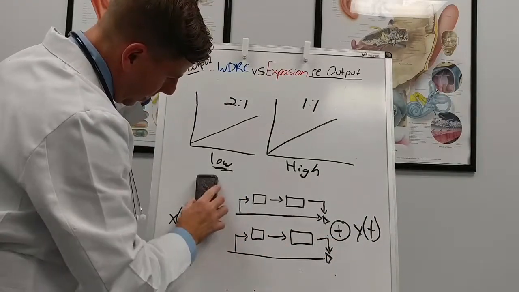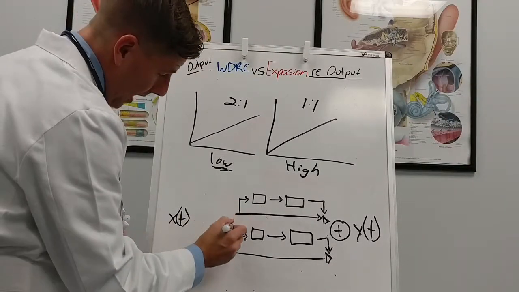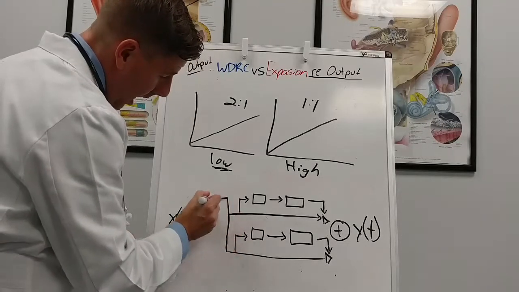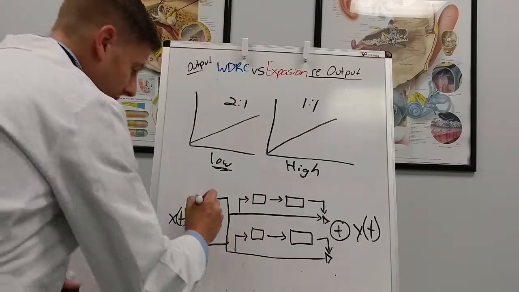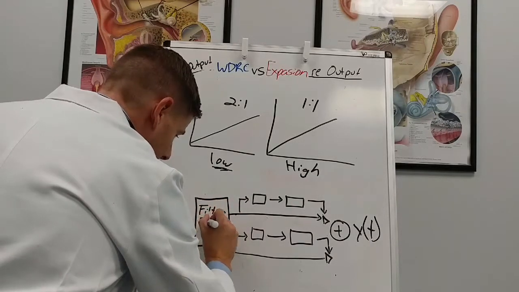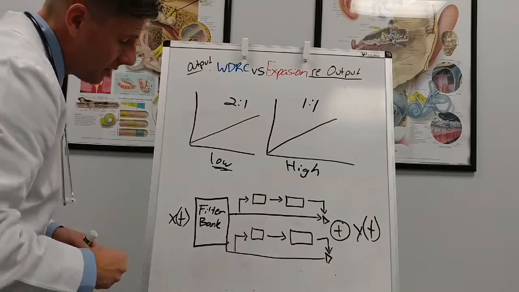Now, what we're doing is that instead of just doing low pass and high pass, we're going to do something a bit more complex where I'm actually going to have a filter bank. The filter bank allows me to do this on multiple channels or bands.